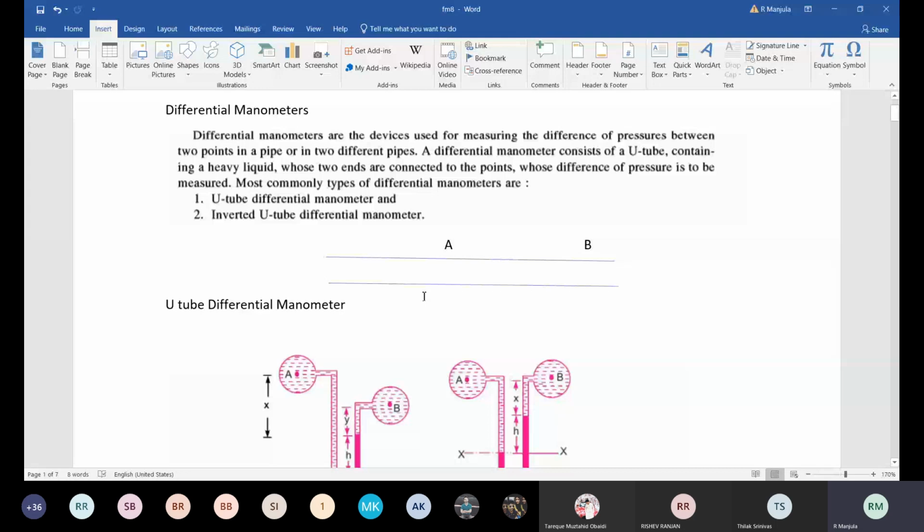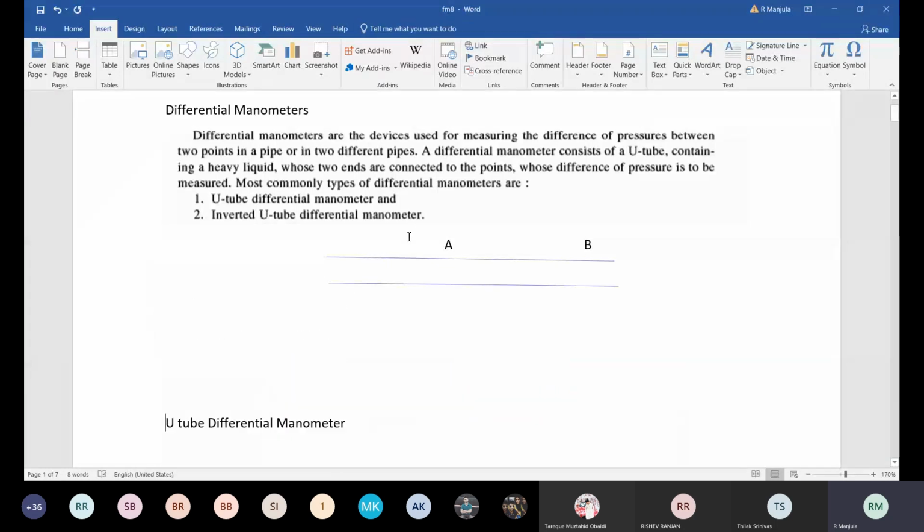And suppose you have a similar pipe, another pipe here, with 2 different connections. In that case also you can find the pressure difference between the 2 pipes. So this is for a single pipe, where you can measure the pressure.